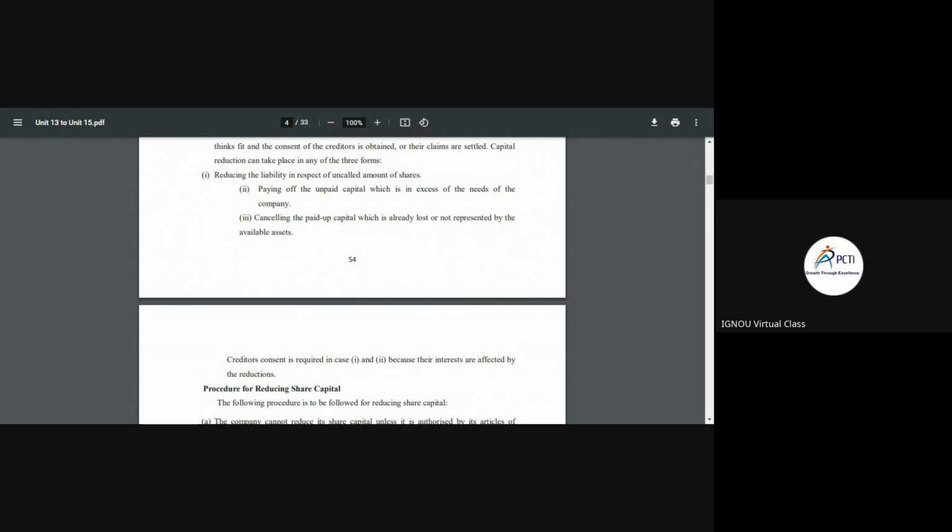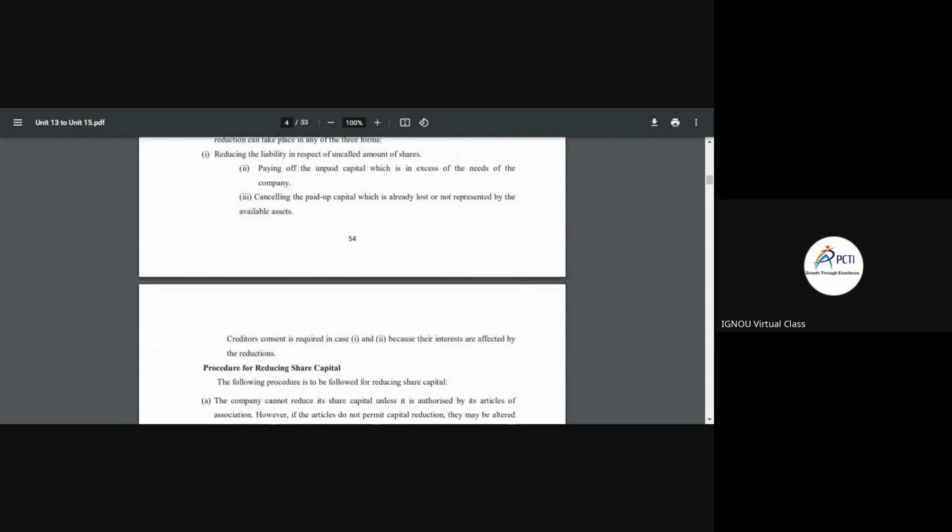The third is the cancellation of paid up capital which is already lost or not represented by available assets. That means you need to cancel it. The creditors' consent is required in the first two points and not in the third point, because their interests are affected by the reduction and not by the cancelling.